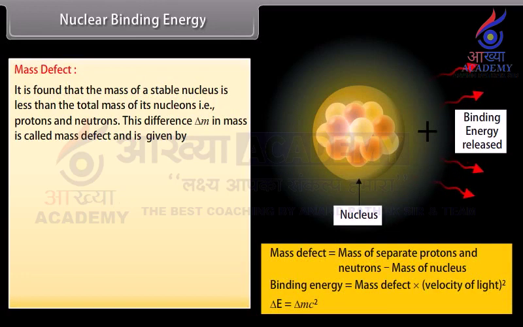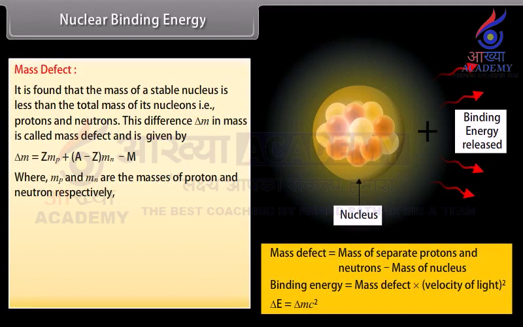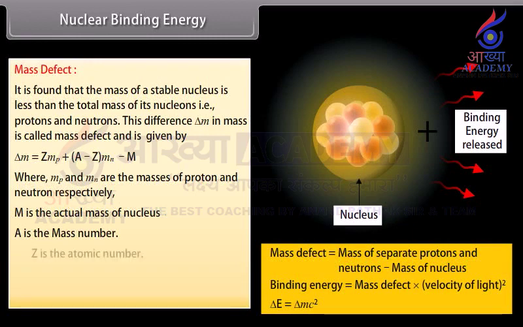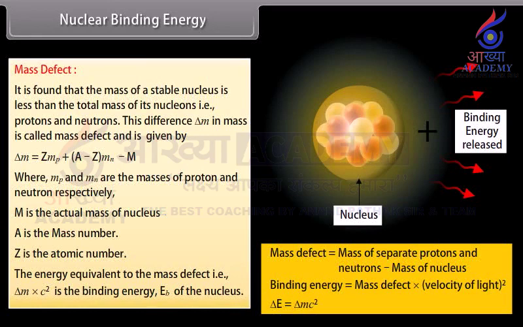This difference Δm in mass is called mass defect and is given by Δm is equal to [Zmp + (A − Z)mn] − M, where mp and mn are the masses of proton and neutron respectively, M is the actual mass of the nucleus, A is the mass number, and Z is the atomic number. The energy equivalent to the mass defect, that is Δm c², is the binding energy, EB, of the nucleus.